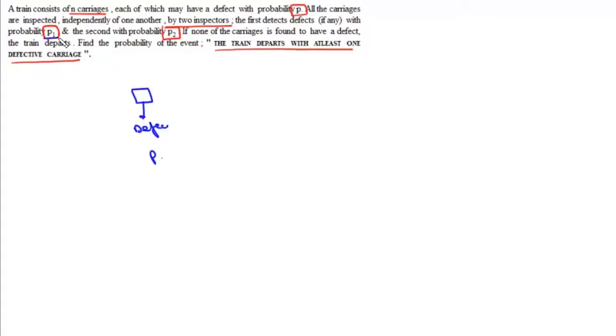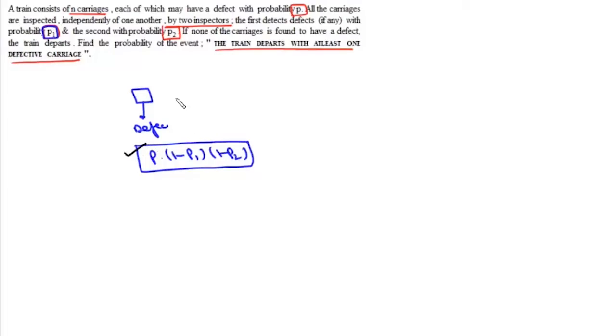Now first one detects it with the probability P1, and if he doesn't detect it, it'll be 1 minus P1, and the same way if second one doesn't detect it, it'll be 1 minus P2. So for any coach to have a defect and still go undetected, this probability is P into 1 minus P1 into 1 minus P2.